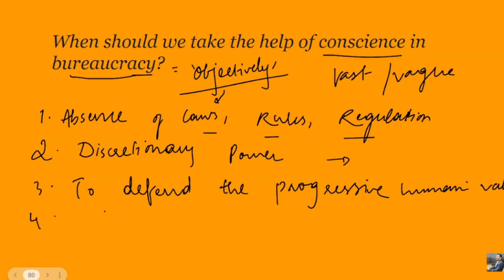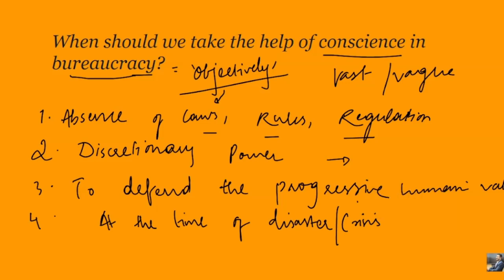At the time of disaster or crisis, right? So why does the help of conscience become very important during this time? Because during the time of crisis, the results and execution become very important.